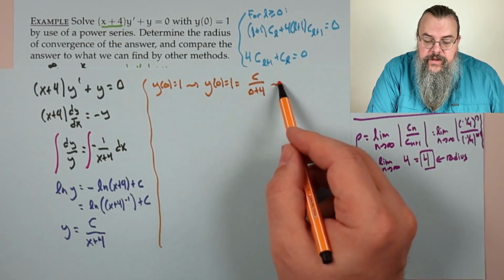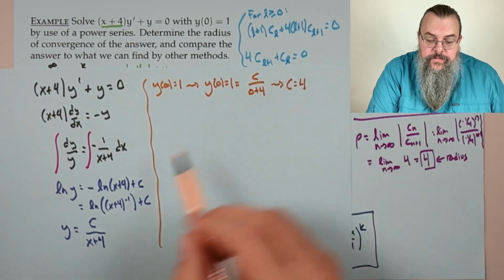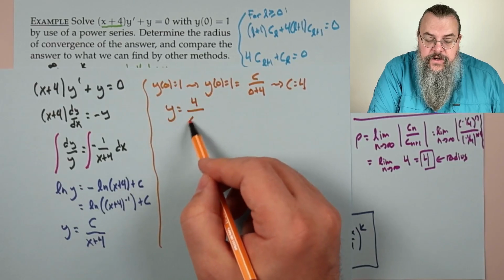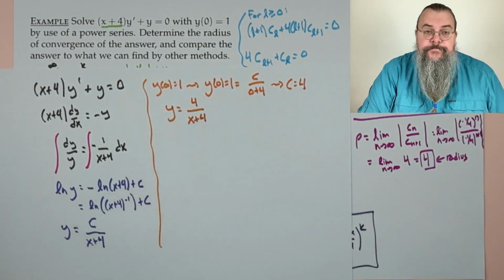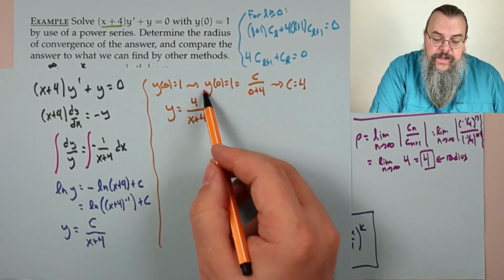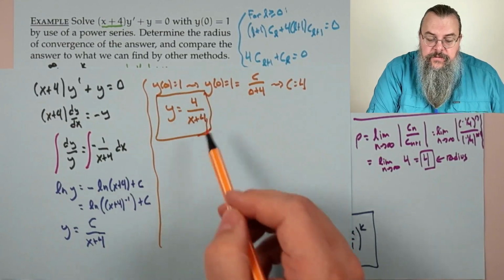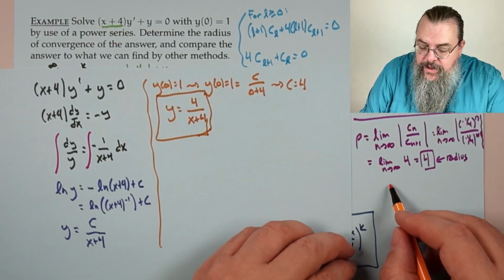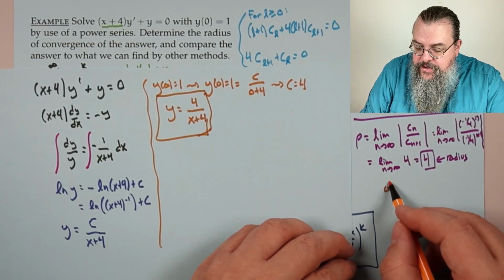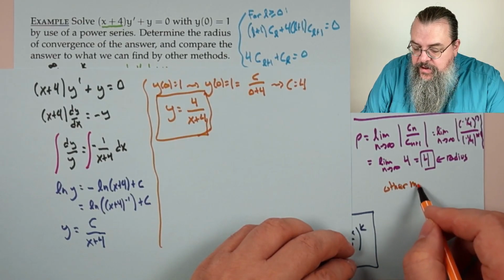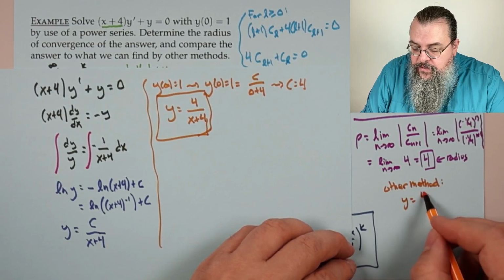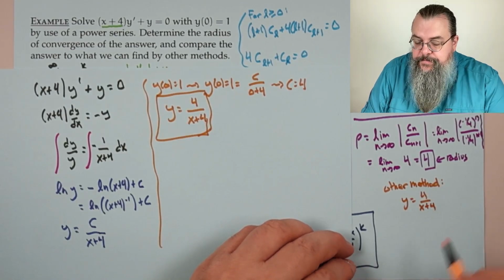That tells us that c equals 4. So y is equal to 4 over (x plus 4). That's our solution found by another method. So maybe we'll make some notes here. Other method: y is equal to 4 over (x plus 4).